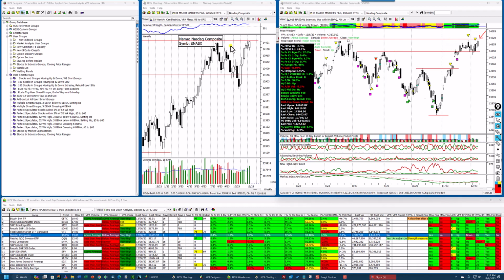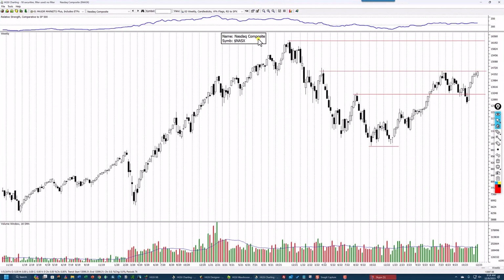Now here is the weekly chart, and I need to take control of this. And you can see here is where we are in the weekly chart. This resistance goes clear back to this area over here, and then here is the all-time high up here, and we're quite a ways from that yet. But we're at resistance.